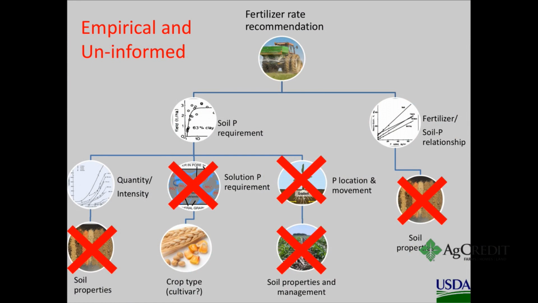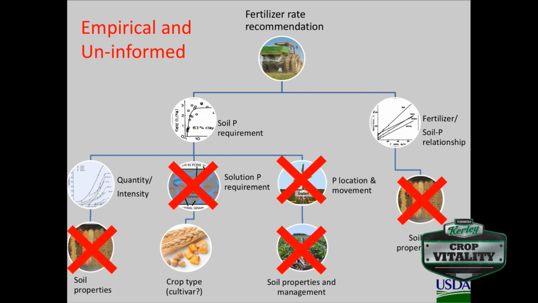We don't consider P location and the ability of it to move through the soil to the root. So therefore, we don't consider soil properties and management for that. We do consider the fertilizer–soil P relationship very generically, but we don't consider the impact of soil properties and management on that as well.